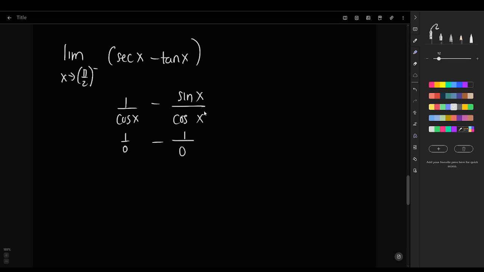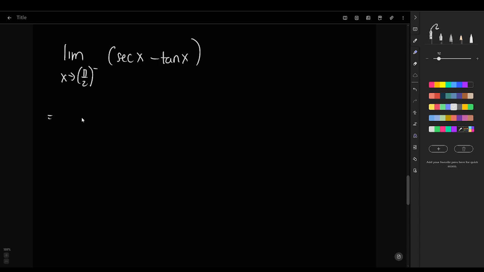Sine of pi over 2 is 1. Cosine of pi over 2 is 0. This will give you infinity. Applying L'Hospital's rule, we could use that, but we could use a little bit of simplification first, no?